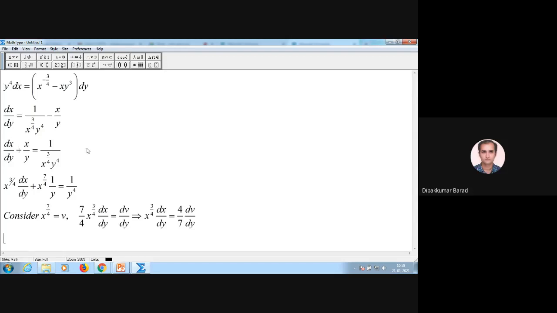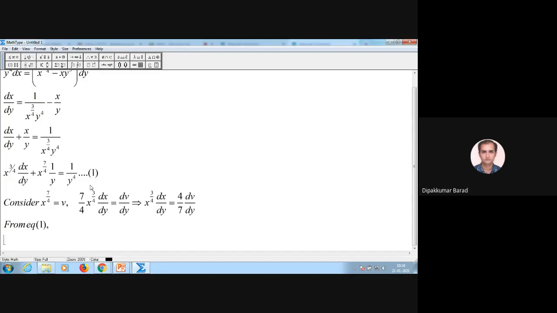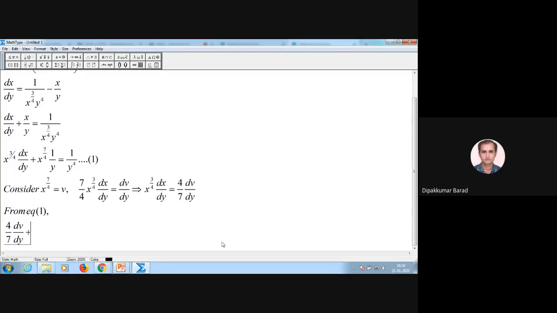Now, this is my equation 1. If I put it in this equation, you can say now this is 4 by 7 dv by dy plus v by y is equal to 1 upon y raised to 4.